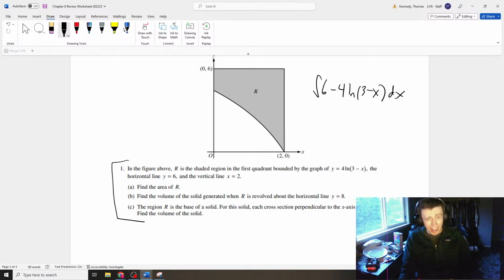And because it's x that we're integrating across, it's from 0 to 2. So top curve is 6, bottom curve is the log curve. And that's all you have to do to deal with the whole fact that it's kind of a janky section there.